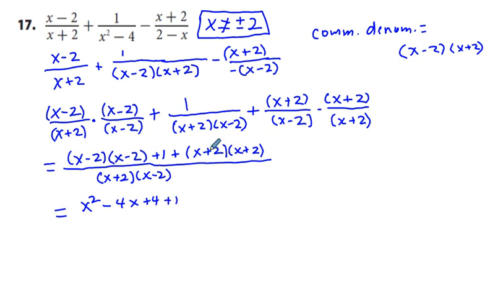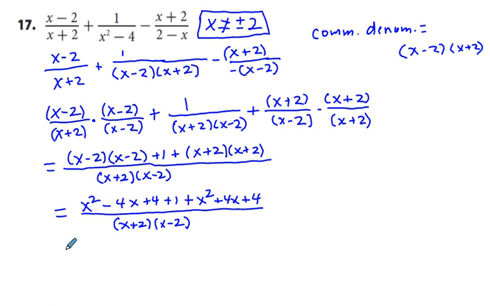And now multiplying these quantity x plus 2 by quantity x plus 2, we're going to have plus x squared plus 4x plus 4, and all over our common denominator, quantity x plus 2, quantity x minus 2.